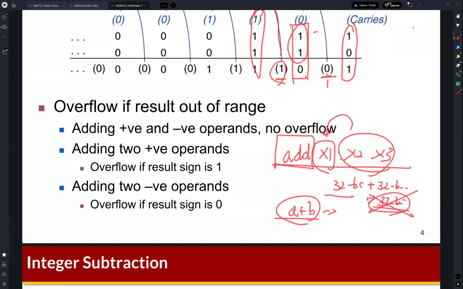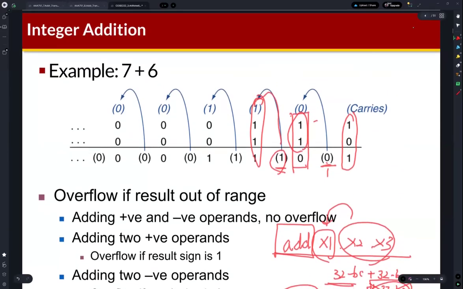When two numbers are added or subtracted and a 33-bit number is generated, this is called overflow. What's the problem of overflow? If overflow is generated, the result will be incorrect, which means a CPU needs to detect overflow.